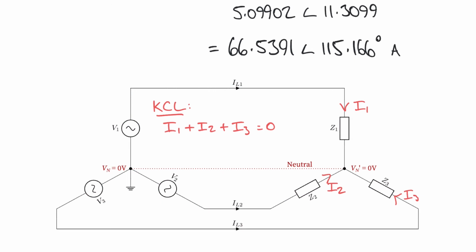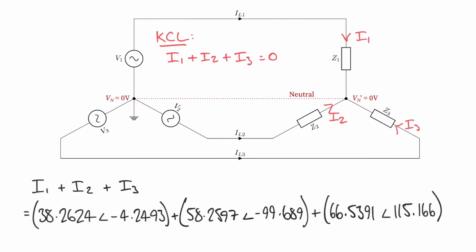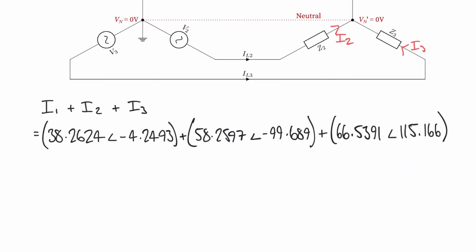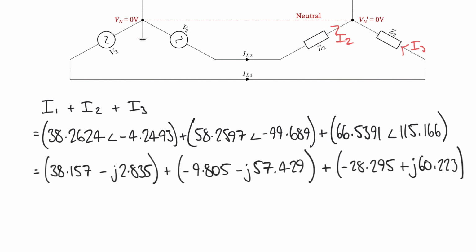In our case, we have these three currents in polar form. We've worked out I1, I2, and I3. Again, we're adding, so it's probably more convenient to convert those to rectangular form in order to add them together. Now, we've done a lot of converting between polar form and rectangular form and back again. In our case, we get this result here, 0.057 minus j0.041. Unfortunately, that's just due to the rounding error of converting back and forth between polar and rectangular forms, which we've done for the sake of ease in this video.